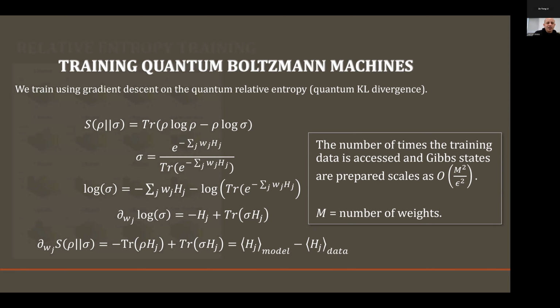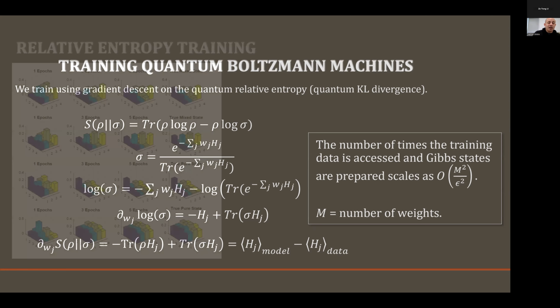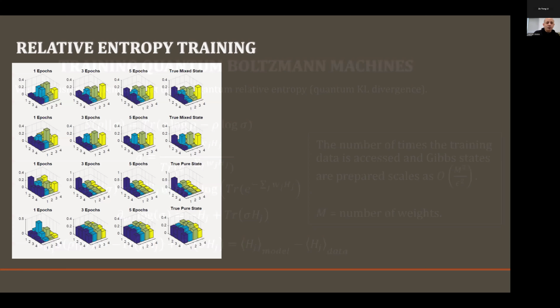So just to give an idea about how this works, here's an example of a Boltzmann machine that's trained on quantum data coming in. Again, for a quantum Boltzmann machine, we should always be thinking about the training data being quantum states. One of the things I found really remarkable is that in practice, if we have the ability to prepare the exact thermal state as a function of the individual parameters, the training process is very quick.